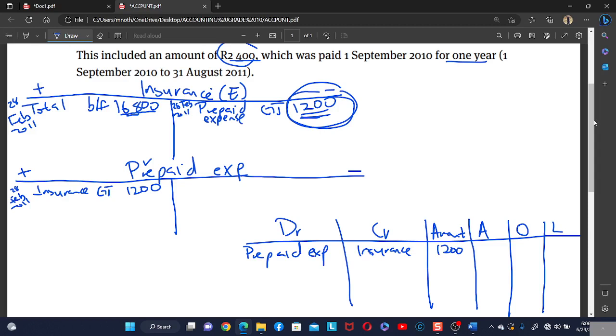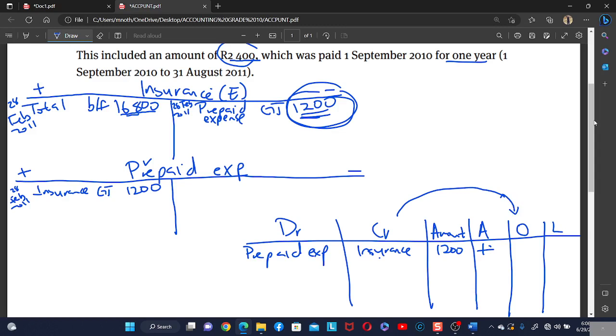So the prepaid expense is debited and it's an asset. The assets increase on the debit, so they have to put a plus sign on the asset. And then the insurance is credited, and the insurance is an expense. And we know that expenses decrease the owner's equity.